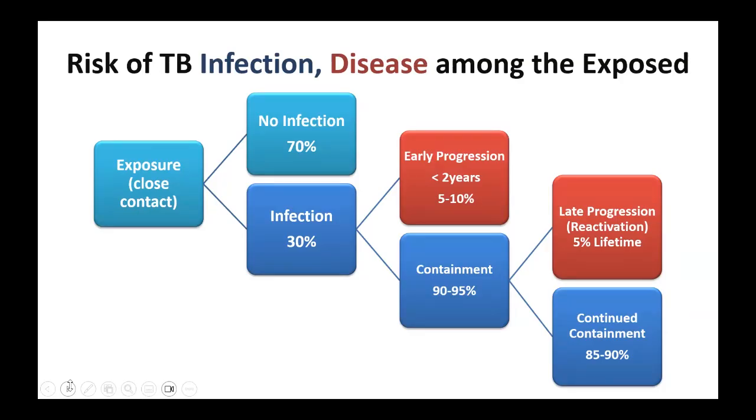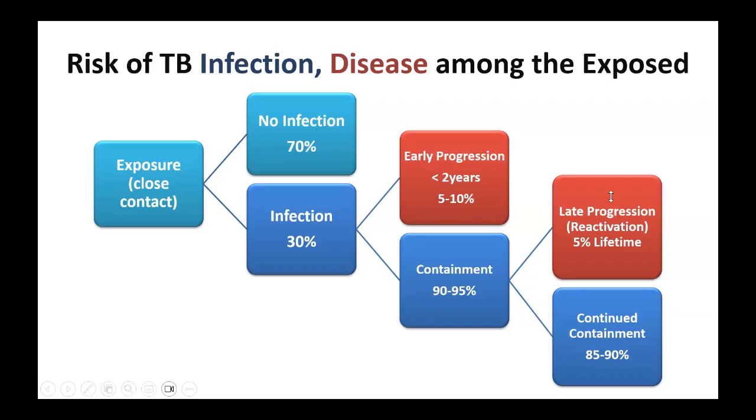That's within 2 years. So you may get an infection of the bacteria, but you don't go on to get the disease. The disease may come later down. For TB, early progression is less than 2 years, but most of us contain TB.